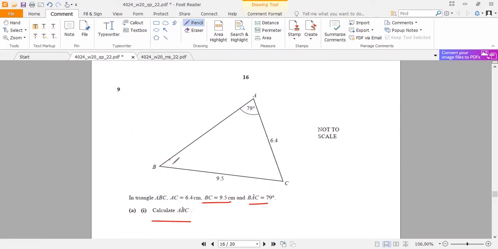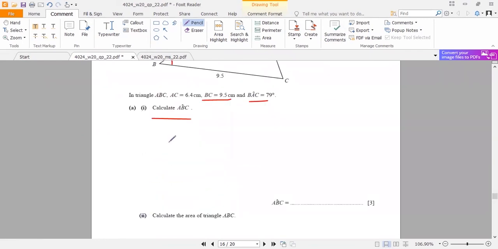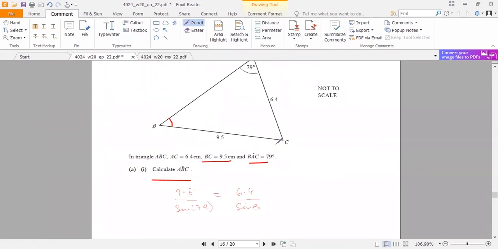For this, we have to apply the law of sine, that is 9.5 upon sine 79 is equal to 6.4 upon sine B.